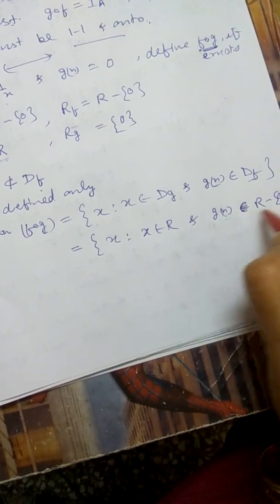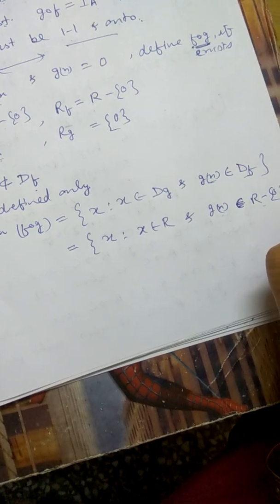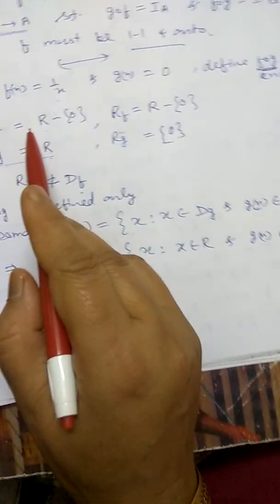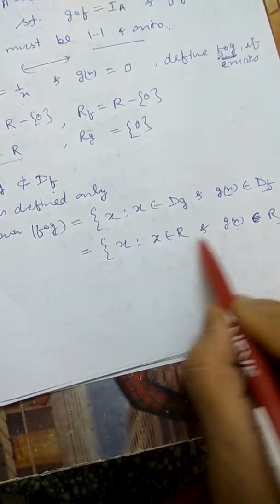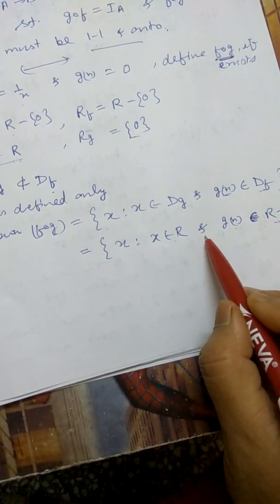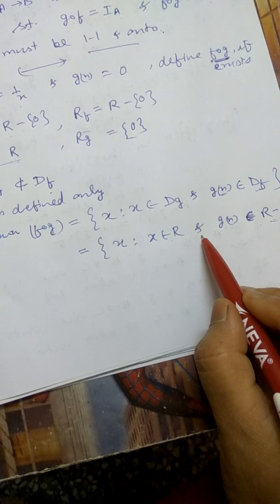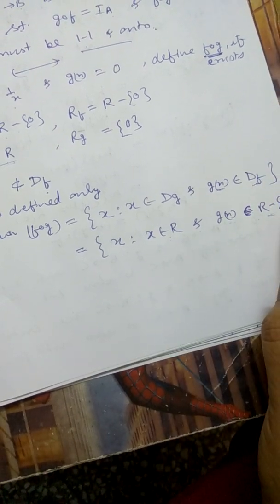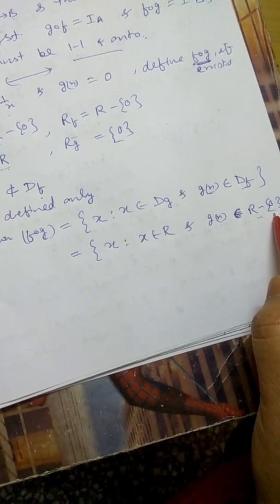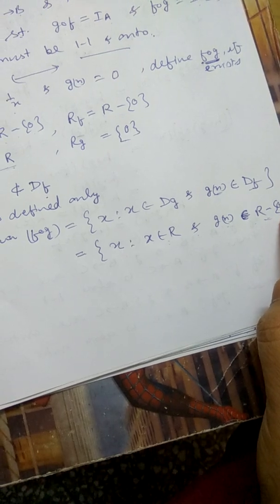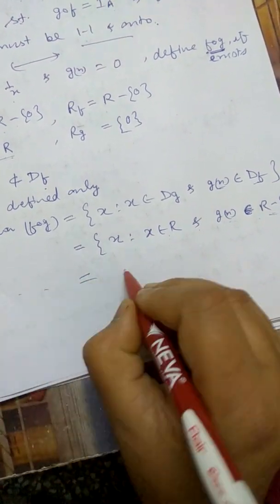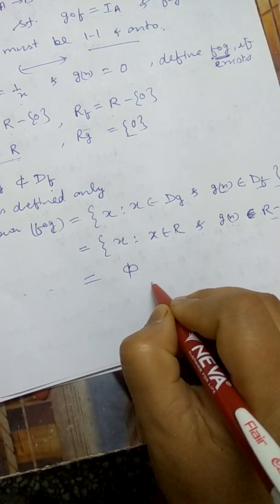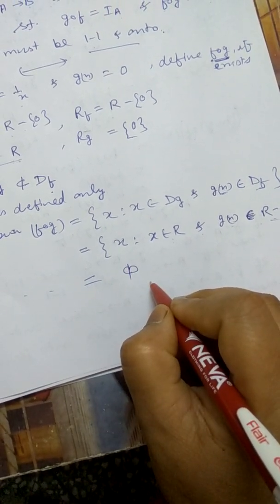This R minus {0} is the domain of f. Is there any common element? It means intersection. There is no common element. It means the domain of f∘g is equal to phi.